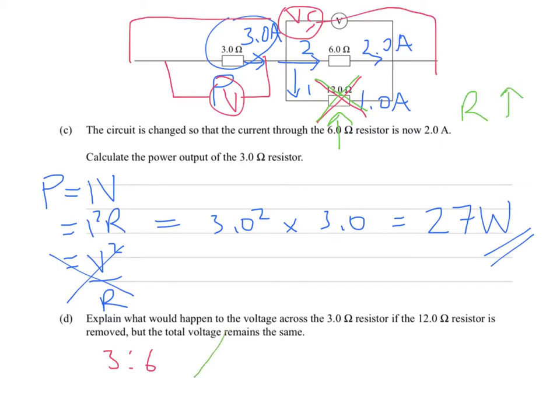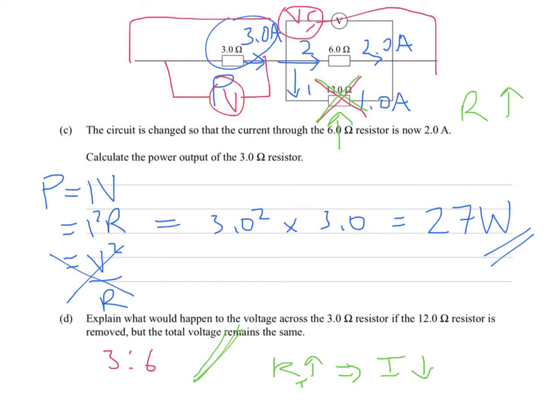Okay, so let's just make a clear separation there. The resistance is going to be higher in the parallel branch. That means the total resistance in the whole circuit is going to be higher. That means that the current is going to be lower in the whole circuit. So the total current is going to be lower if the resistance is higher for the same voltage.